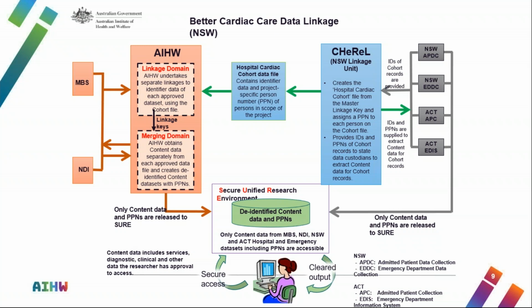And most of the projects, I'd have to say, that we've done to date usually do only involve one or two states linking to Commonwealth data, because that is possibly an easier pathway.